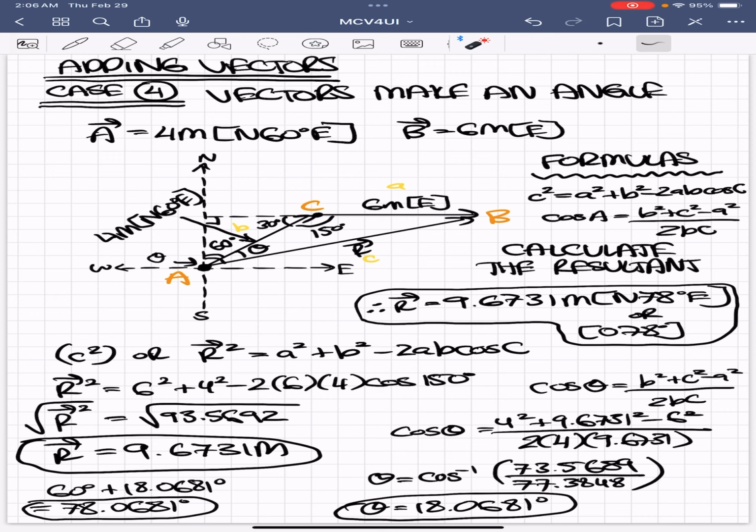But it doesn't end there, because the actual direction of the angle is this angle right here. We're looking for this angle right there. So that's the actual direction of the vector, or the resultant. So what we did was we added this angle and this angle, and then we got this number: 60 plus 18.0681 equals 78.0681. We added them together.